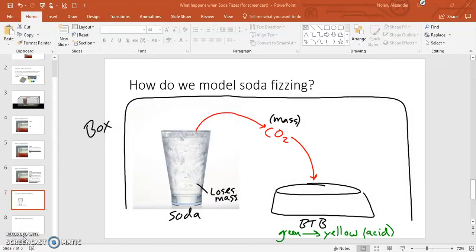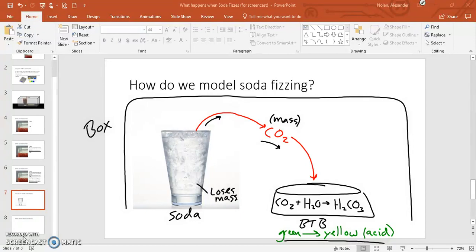Okay, so here's how I think that this makes sense to us. So we know that in the BTB, we're taking our CO2, and that's being combined with water, and that gives us our carbonic acid, H2CO3. So that actually explains what we observed down here. It's going from neutral to acid, and that carbon dioxide is coming in from the soda, okay?